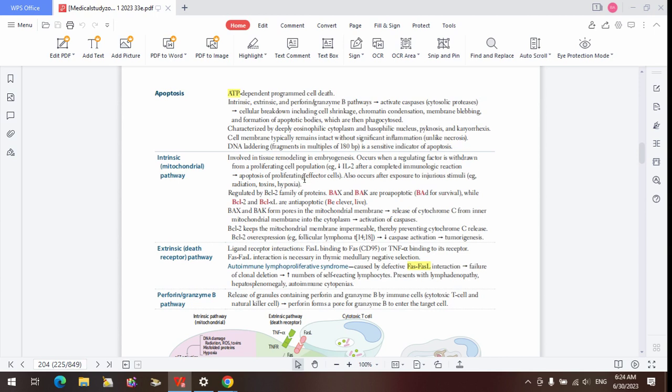Those three things are very important. So DNA damage, either from radiation, maybe radiotherapy, from toxins, maybe aflatoxin, or from infection, maybe hepatitis B causing DNA damage, can trigger the killing of those infected cells by apoptosis.